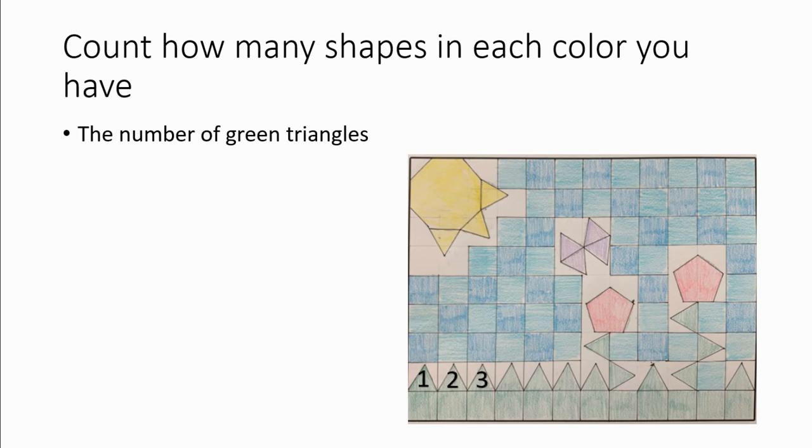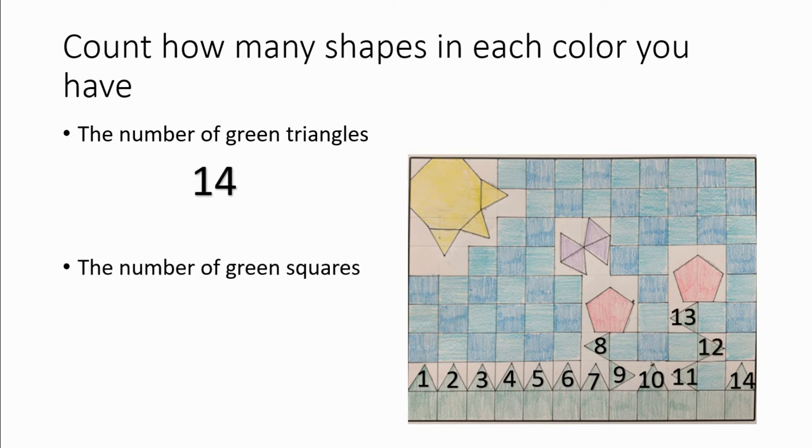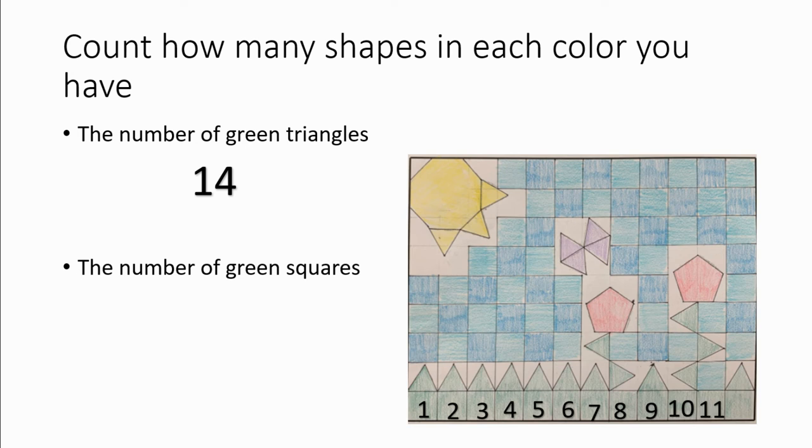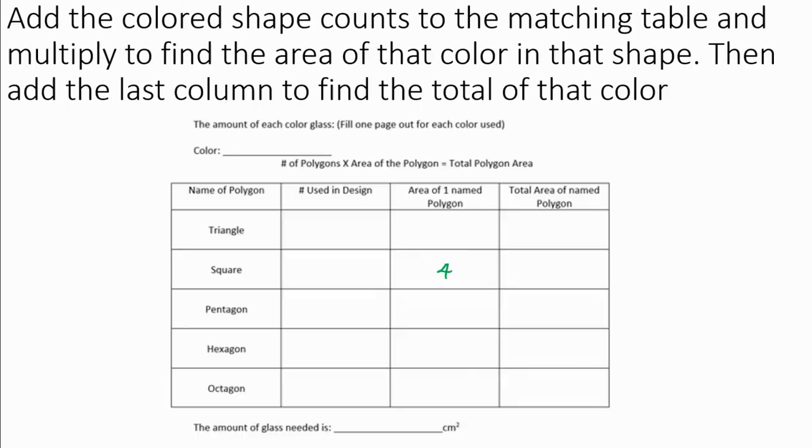The number of green triangles is 14. The number of green squares is 12. So now I'll make a green table for all my green.